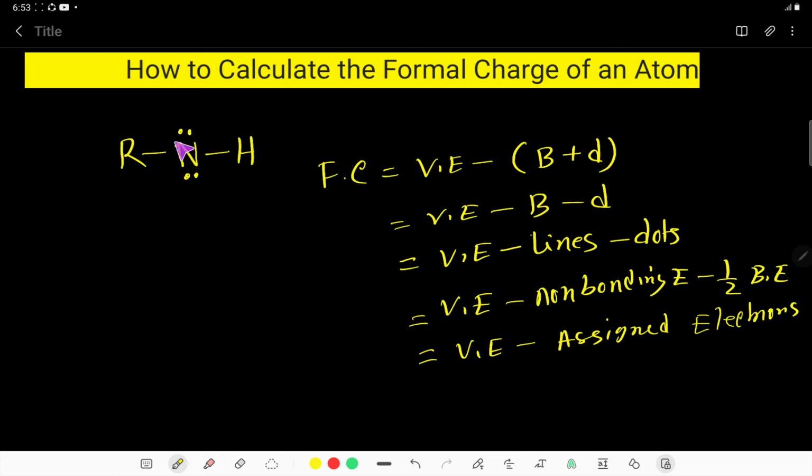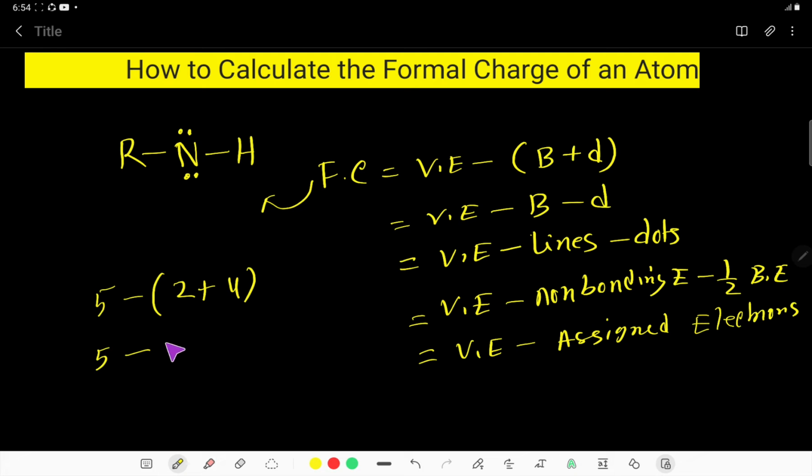So let us consider this nitrogen atom. We are going to first apply this formula, right? The valence electron for nitrogen: you know that nitrogen is an element of group 5A, so it has 5 valence electrons, minus number of bonds attached to nitrogen, which is 2, plus dots over nitrogen, which is 4.